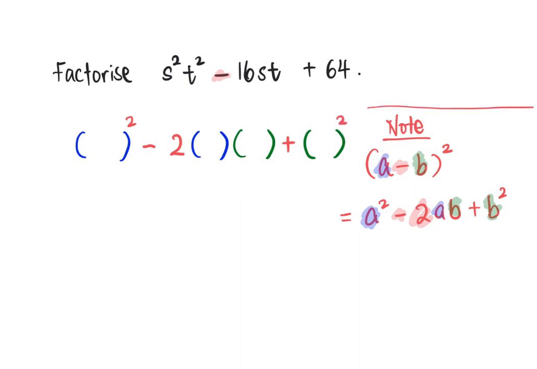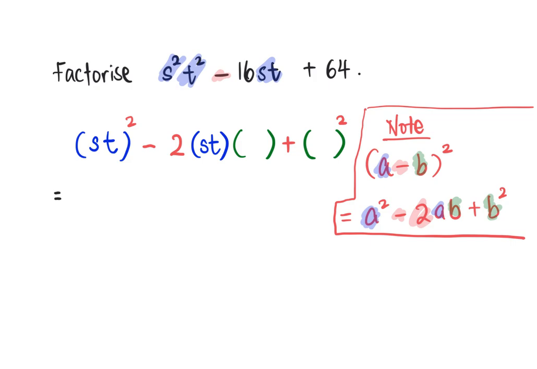Okay, just to make sure that you don't, okay. And so from here you can then see that what Mr. Tan is going to write here, st square, because s times s, s square, t times t, t square. And indeed, I will also be able to get my st later on when I multiply.